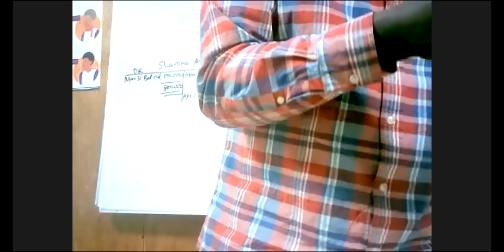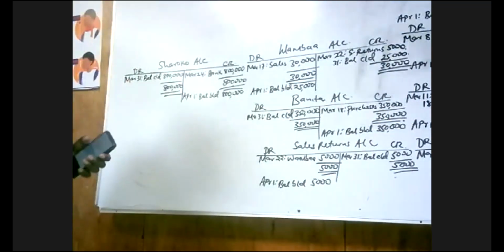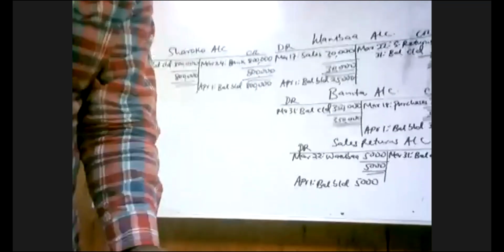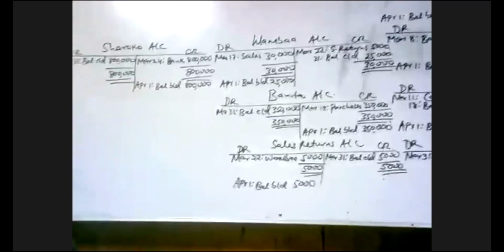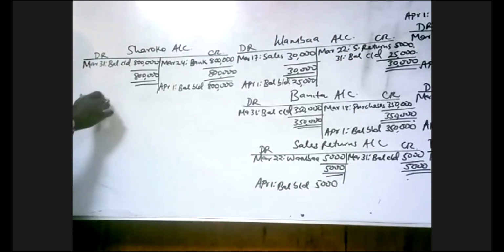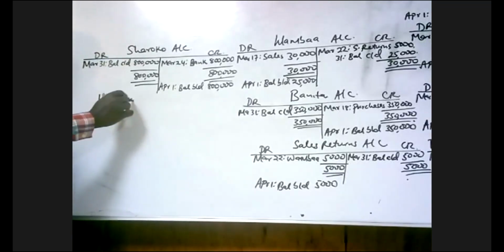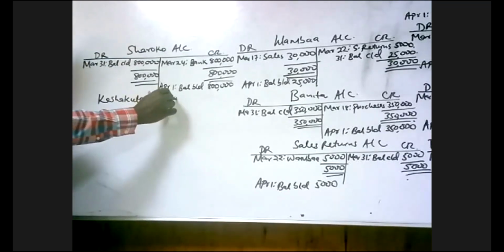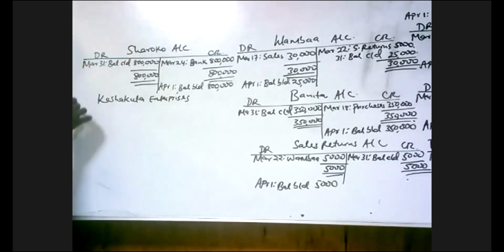It was known as Keshakuta Enterprises, from the book of transactions. So a trial balance is very simple. It is known as Keshakuta Enterprises. Then you write here trial balance.